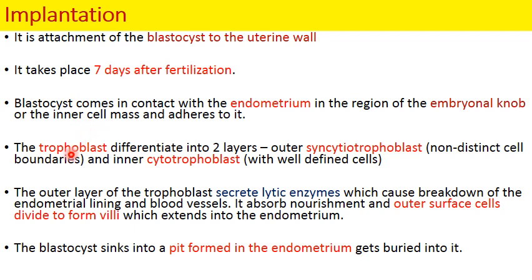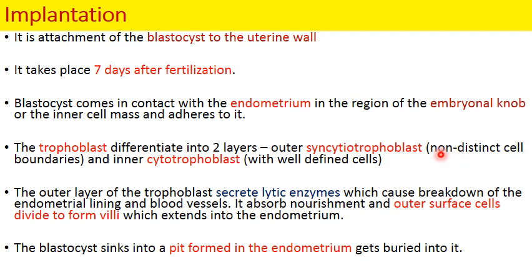So the trophoblast starts dividing, differentiating into two layers. The outer layer is called the syncytial trophoblast. Syncytial means multinucleated, just a mass of cytoplasm, where the cell walls between the cells have degenerated.